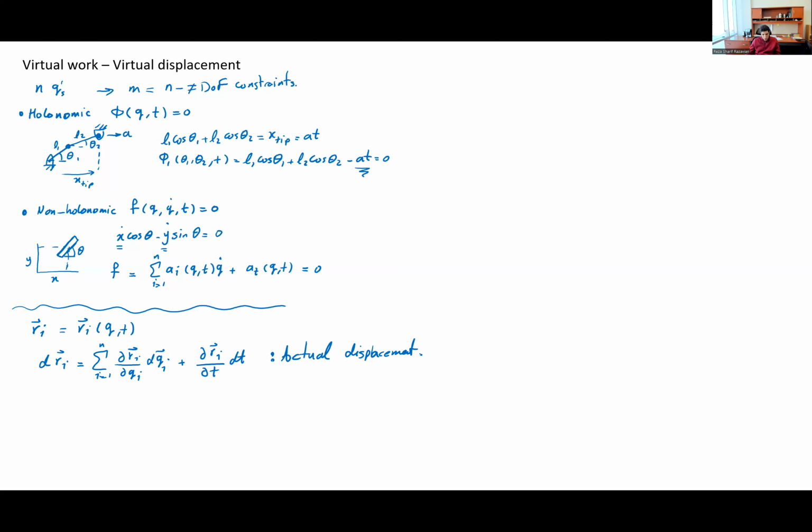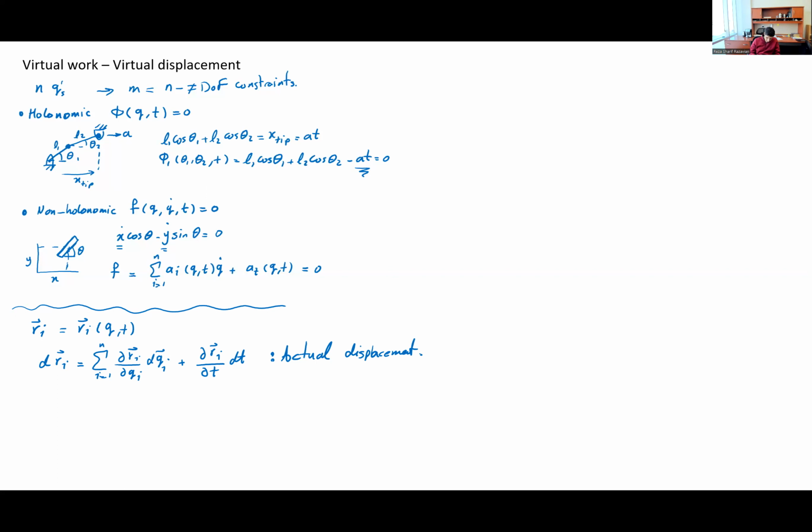So this actual displacement has to satisfy the constraints of the system. Essentially, these little dq's are not strictly independent of each other if we have constraints, and those dq's satisfy the constraints in their differential form.